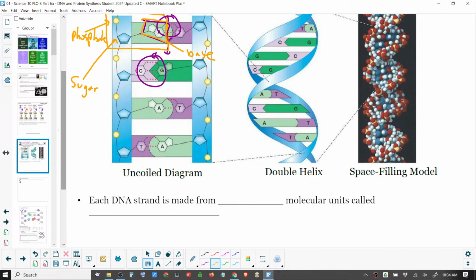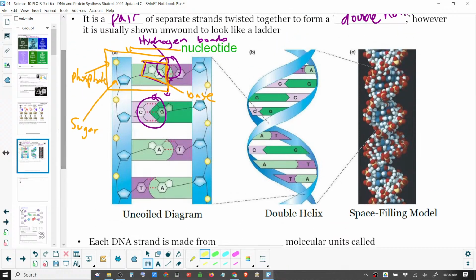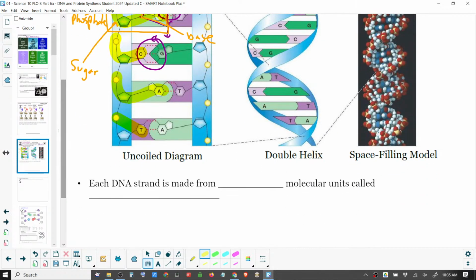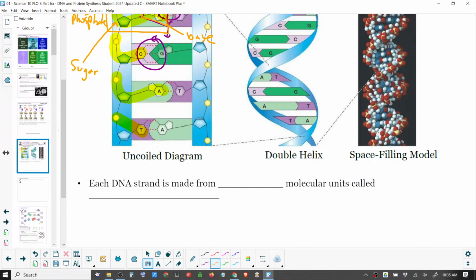So those nucleotides, we have one nucleotide there, there, there, there. We end up with this repeating pattern, and everything's the same.